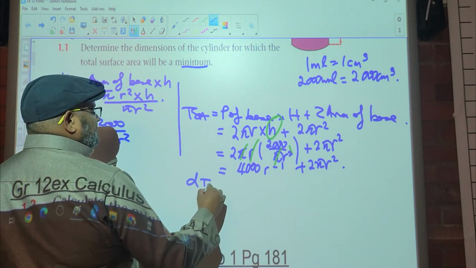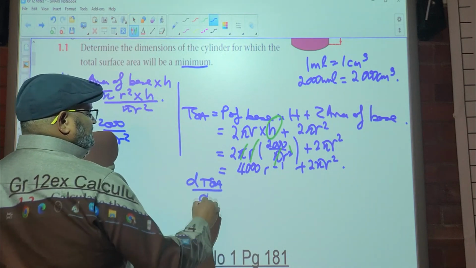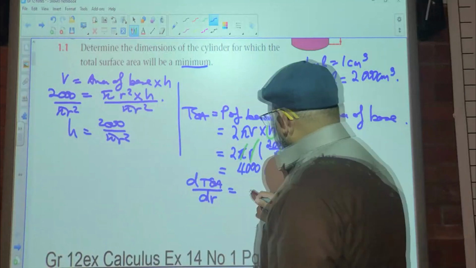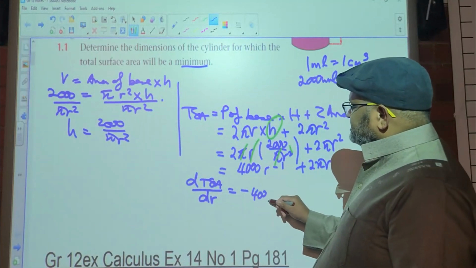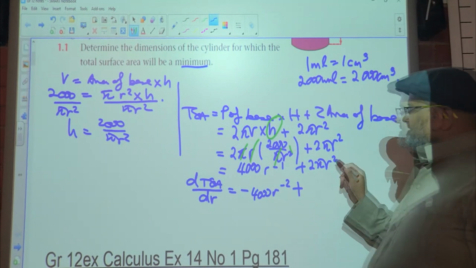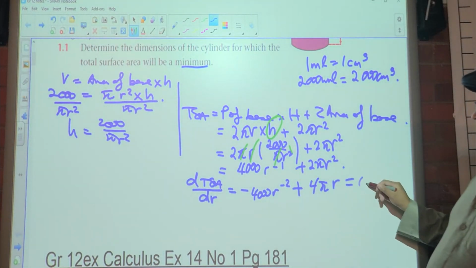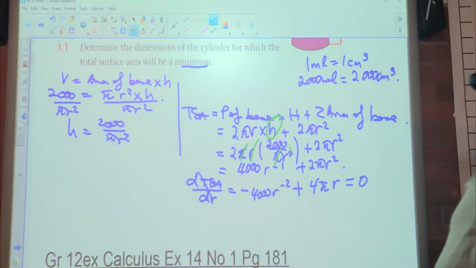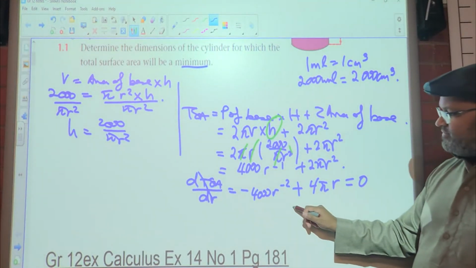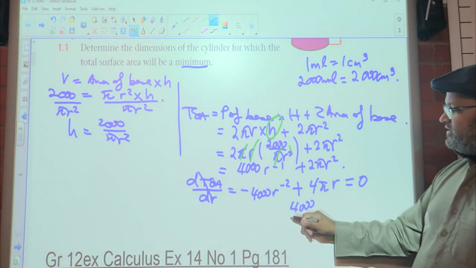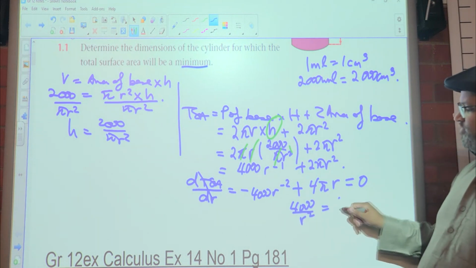So the derivative of the total surface area with respect to r is going to give you negative 4000 r to the minus 2 plus 4 pi r. Let's set that equal to 0 and take it over the equal sign, so it becomes 4000 over r squared is equal to 4 pi r.